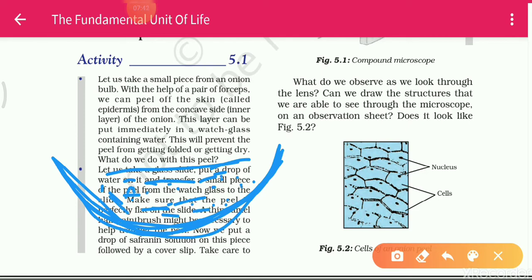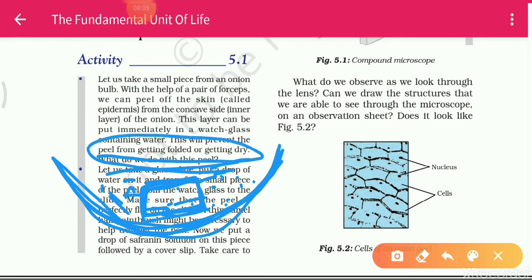Then the question is, why do we keep this thin slice of onion peel in the water? We can say that we keep the thin slice of onion peel in the water to prevent the peel from getting folded or getting dry.